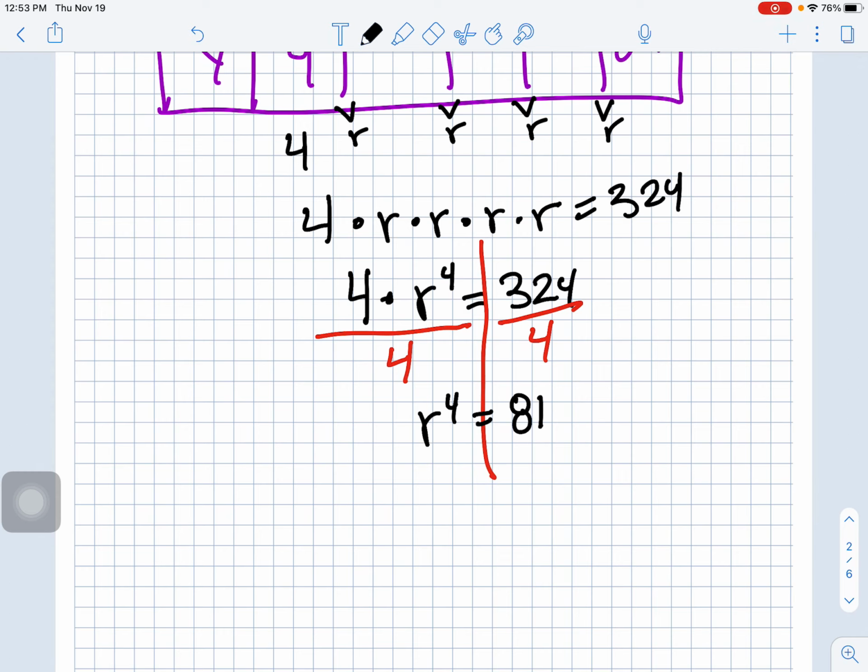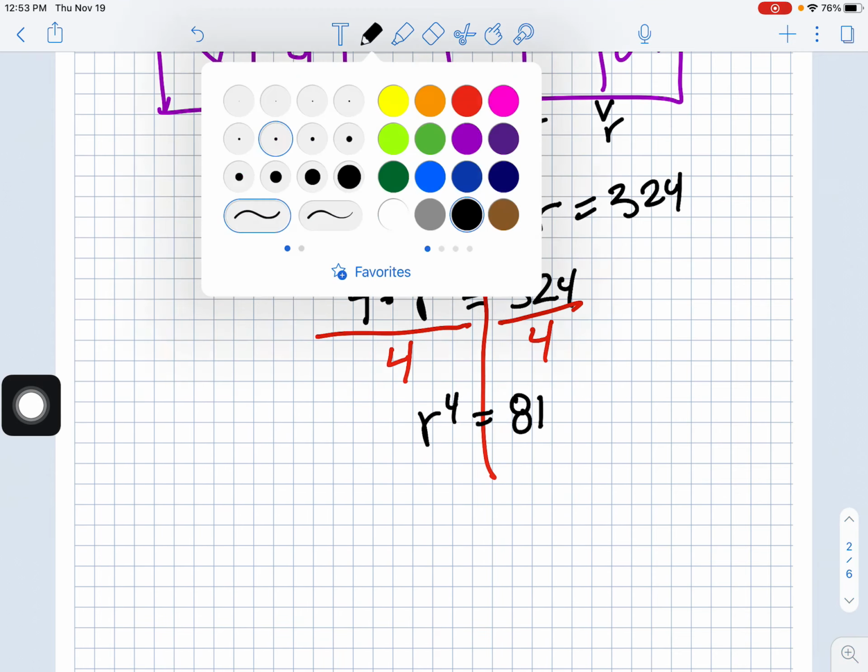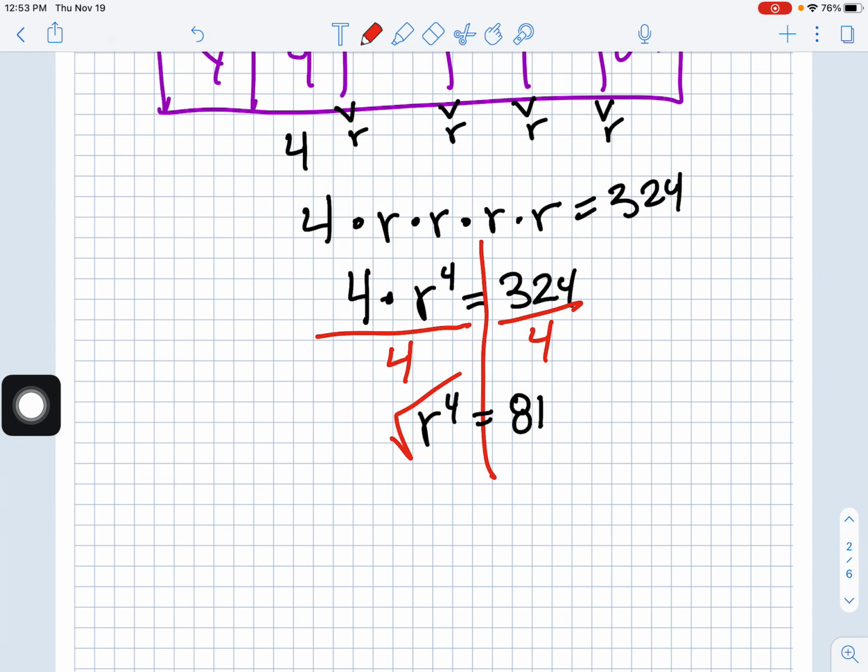A lot of kids want to keep dividing. It's actually roots. So the square root is the opposite of r to the second power. The fourth root is the opposite of r to the fourth power. So if I want to get this r by itself, I need to take the fourth root of both sides.